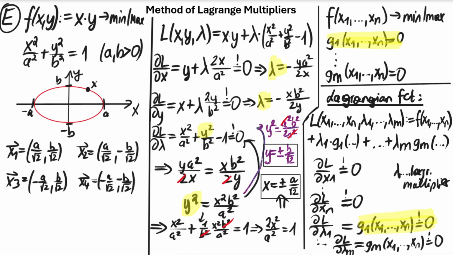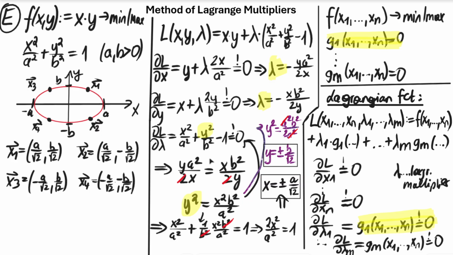So if I sketch these, they are approximately here. So here is x1. Then the next one is here. This is x3. Here we have x4. And here the x2. So x is positive and y is negative. Fine.